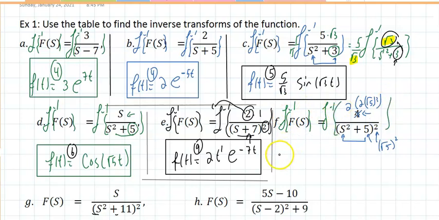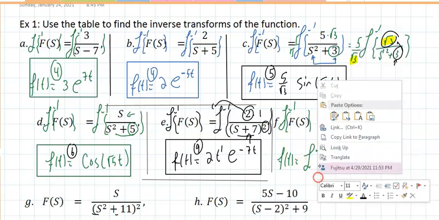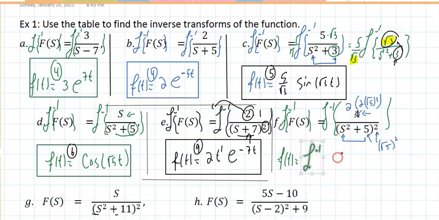I'll rewrite this. I will say f of t is going to equal, I'm going to write this in 2 steps. I'm going to take this 2 up front. And now if I glance at this, I'm looking at 2 times the square root of 5. Oh, I didn't divide by that, did I? I took the 2. So do you notice the 4 gave me those 2's, but at this point right here, I need to divide by it because it was in there.